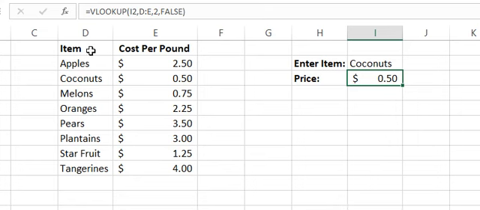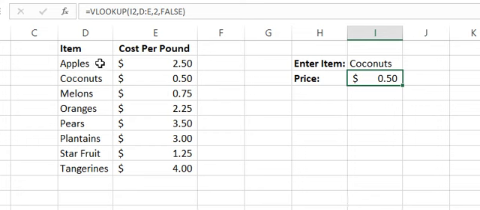So I select these two columns, entire columns, D through E. You could just as easily select a smaller range, but it's got to contain both columns. The next argument after the comma is the number 2.